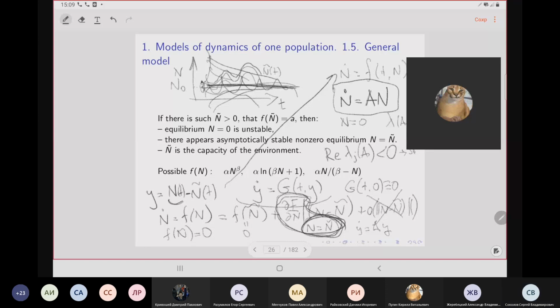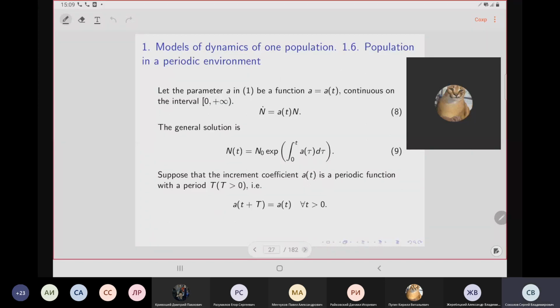Well, I think I will finish today with one more model of the dynamics of one population. In the next model, we can consider the situation when our growth factor, our average kids number, is not constant.